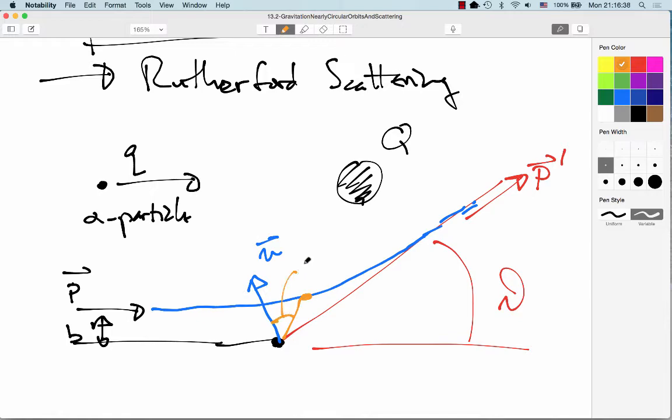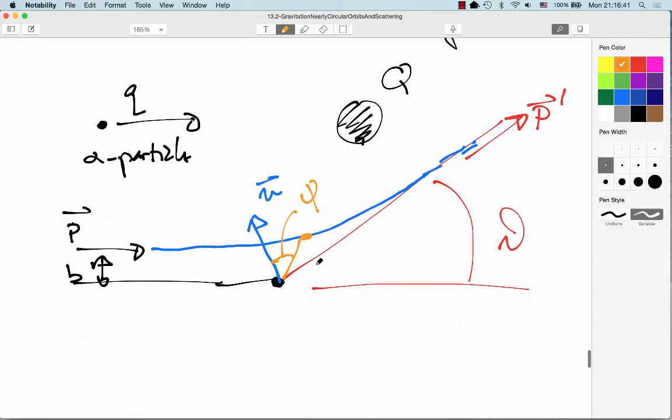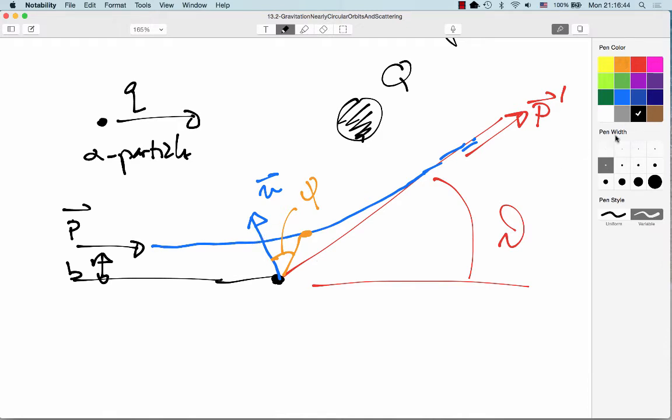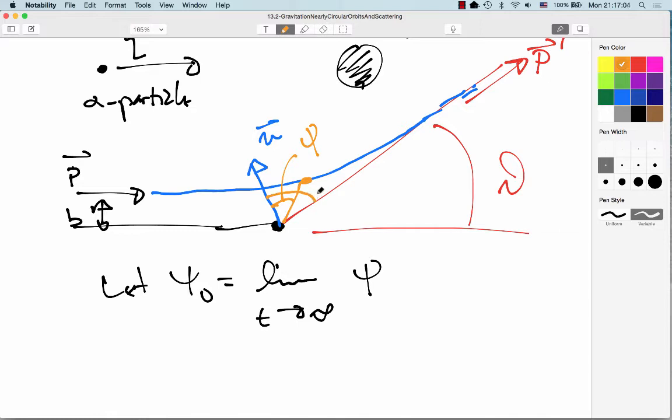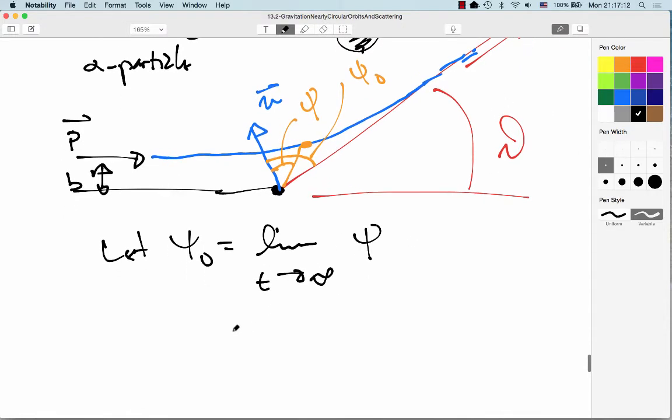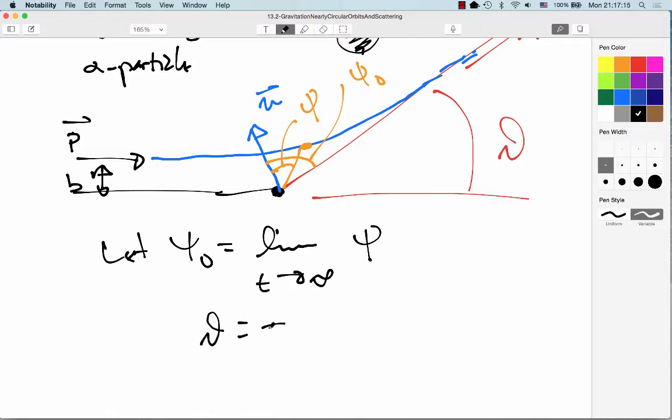This angle here we'll call psi. Now we'll let psi naught equal the limit as t goes to infinity of psi. So that would correspond to that angle right there. So following that thought, we'll get that theta has to equal pi minus 2 psi naught.